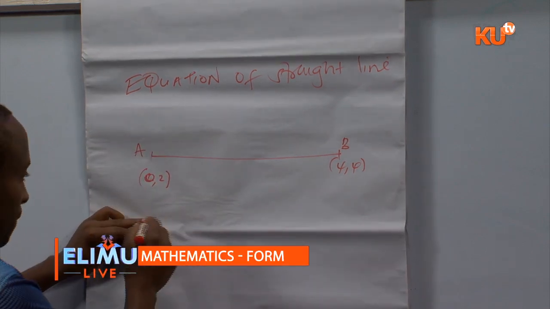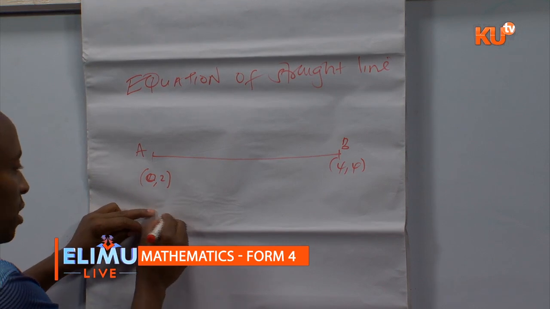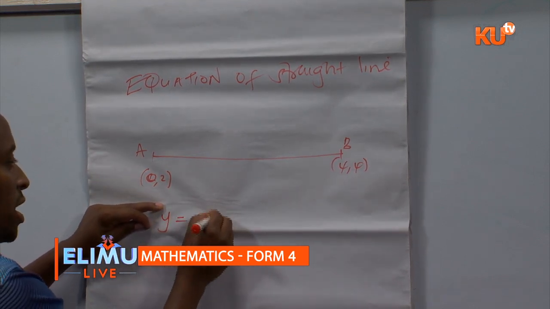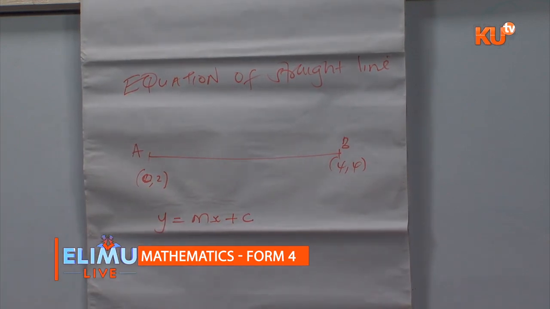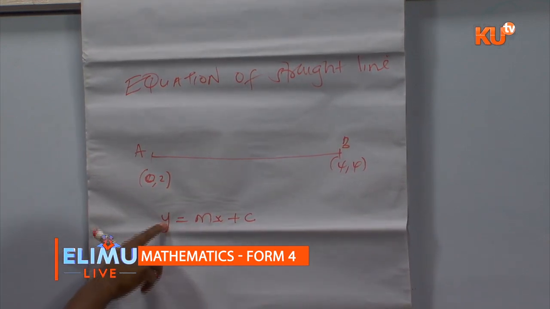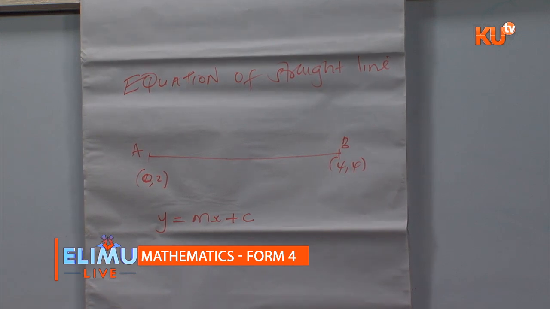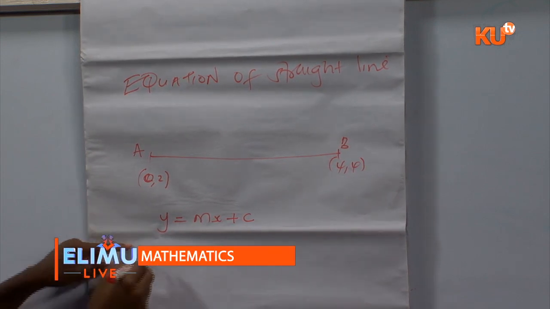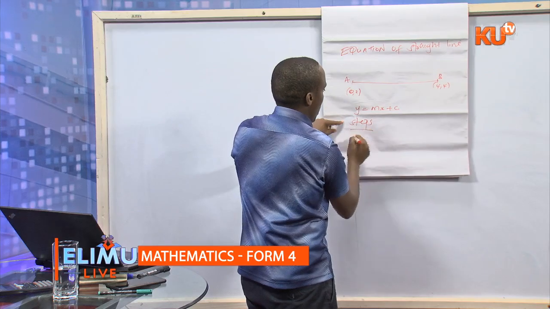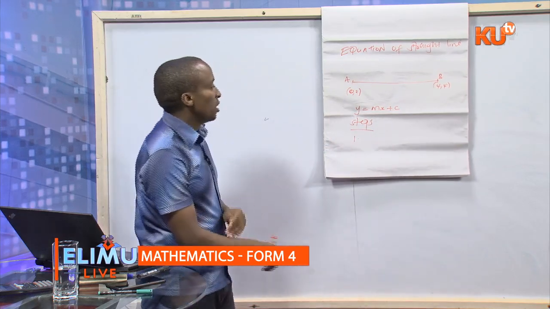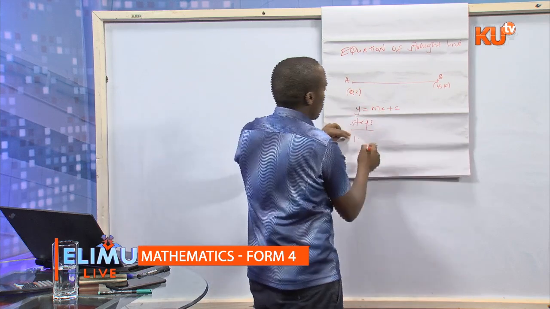So the equation of a line is given by y is equal to mx plus c. But before we come to that, let's find the equation of the line. To find the equation of a line, we have to know the gradient. The first step is to find the gradient of the line.